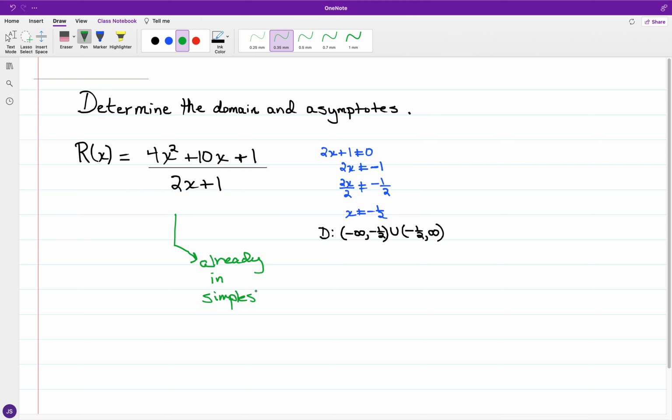So this means that the exclusion from the domain is going to be the vertical asymptote. With x not equal to negative 1/2, and since the rational function is already in simplest terms, we're going to have a vertical asymptote at x equals minus 1/2.